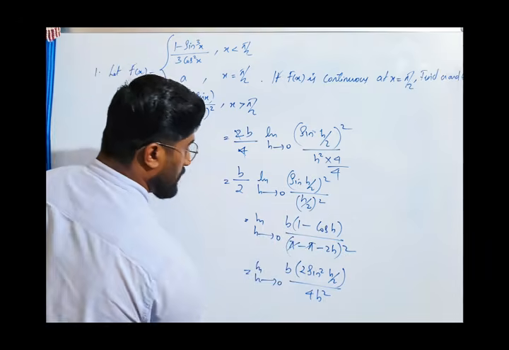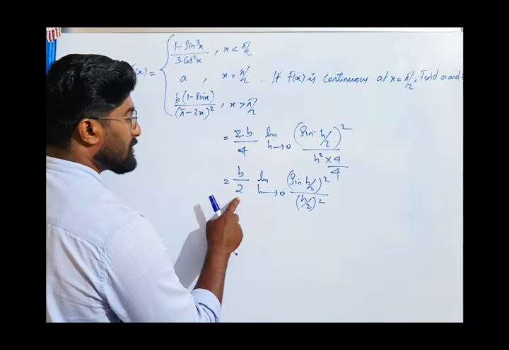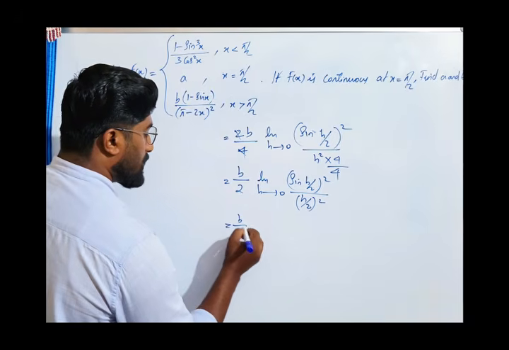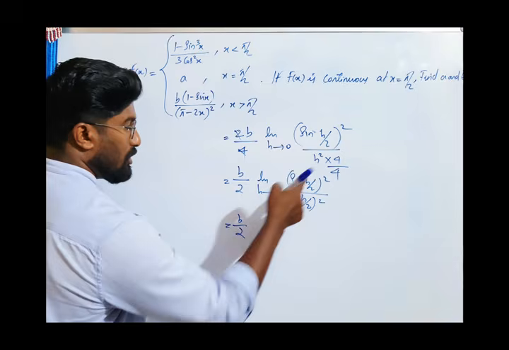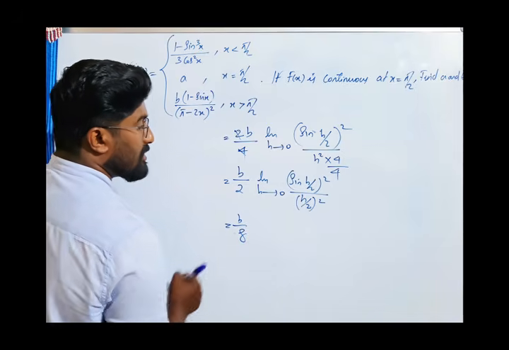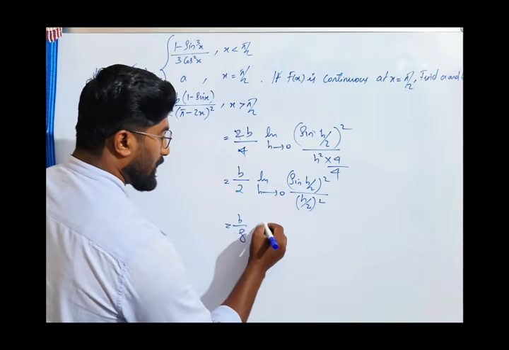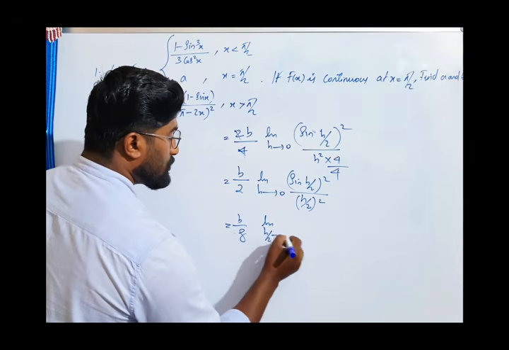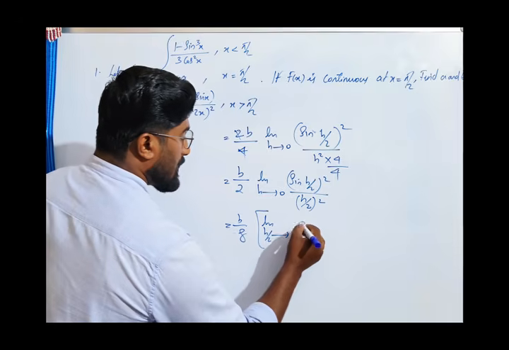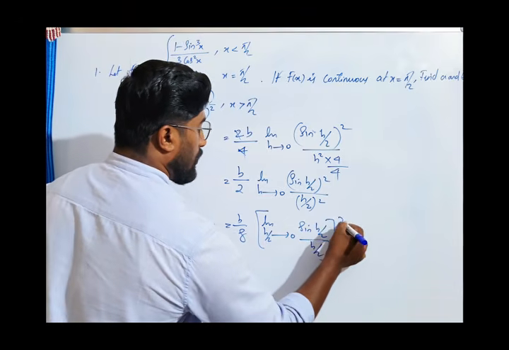Then we have a 4 remaining. That 4 I am multiplying with this 2, then b by 2 into 4, that is b by 8. Consider when h tends to 0, h by 2 also tends to 0. So I can write it as limit h by 2 tends to 0, sine h by 2 divided by h by 2 the whole square.